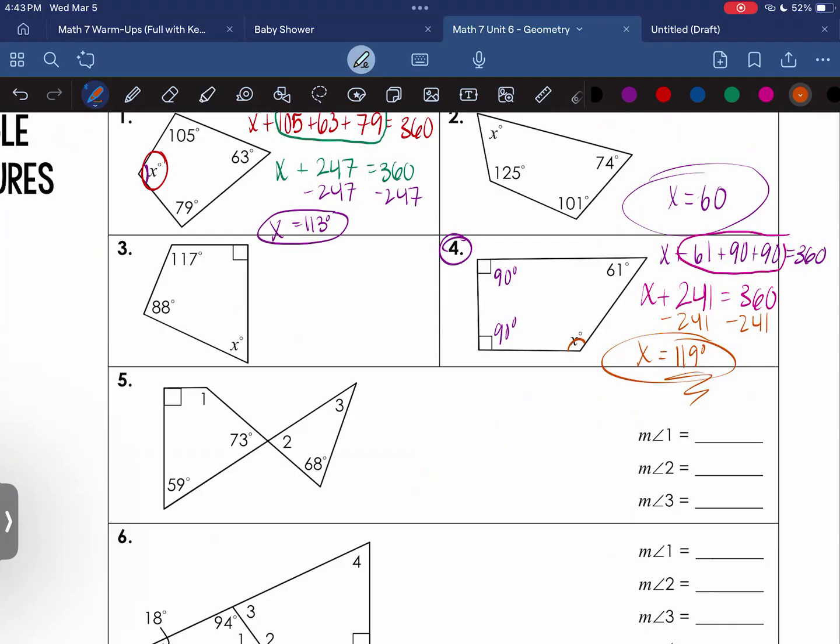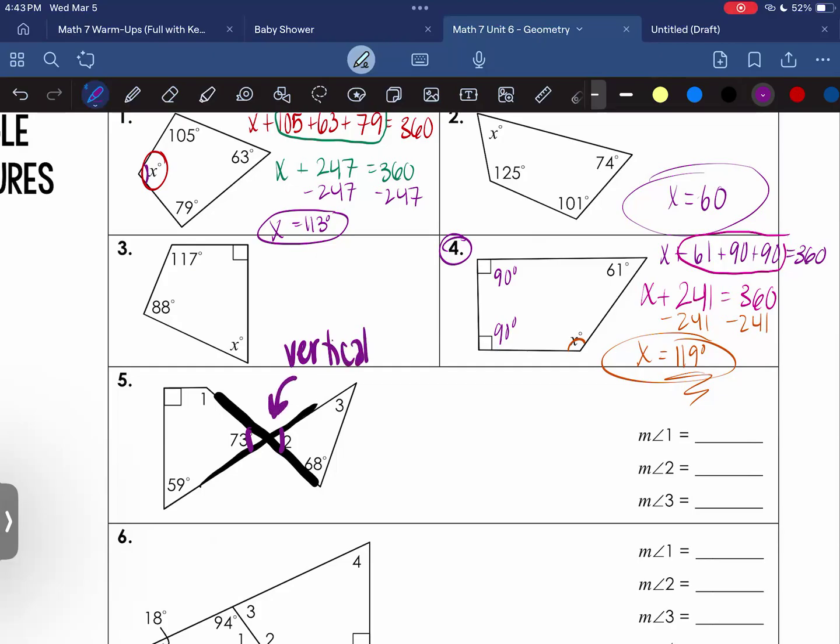Okay, so first let's start off with, in my opinion, the easiest one right here, angle 2, because we can see that we've got two lines right here that cross. And that makes these two angles vertical angles. I'm going to write that up here, that those are vertical.